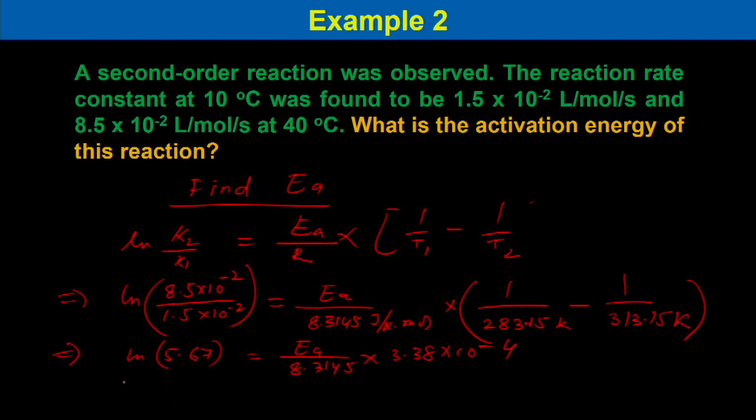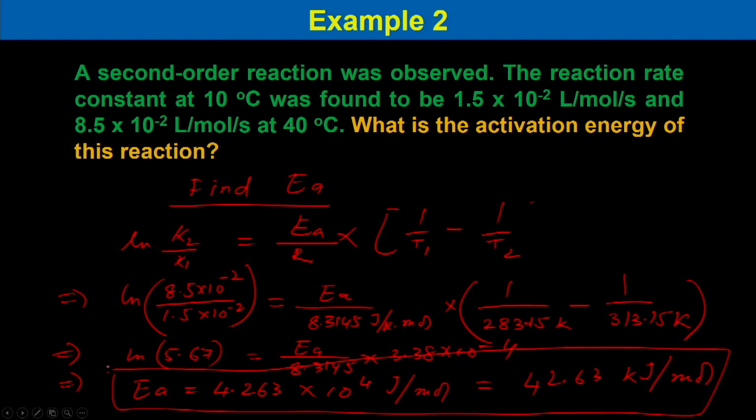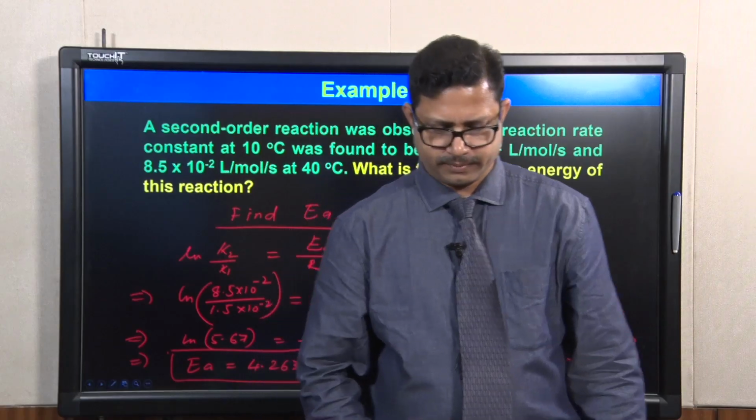So, from here you can calculate Ea = 4.263 × 10^4 joule per mole, which is equal to 42.63 kilojoule per mole. So, this is how we can calculate the activation energy knowing the rate constant at two different temperatures.